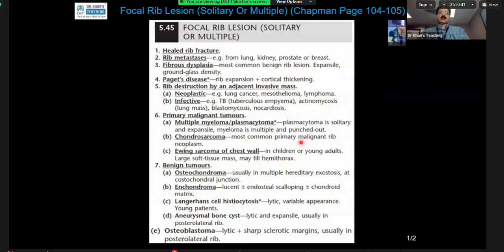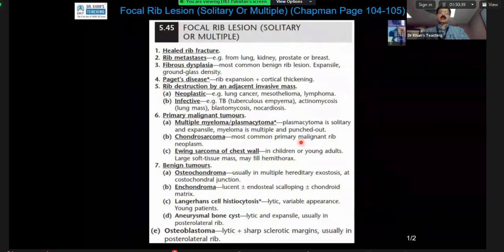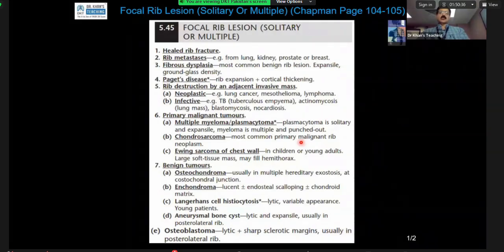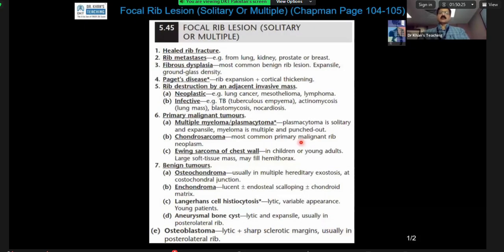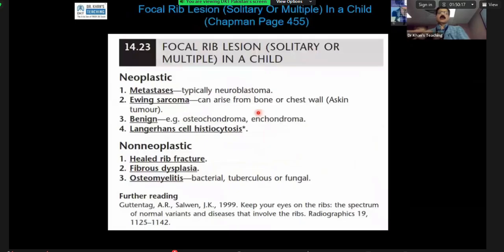Please also remember, even clinically, they go together, because Ewing's can present with infection-like symptoms, raised ESR, fever, etc. So in this particular case, the differential diagnosis is the key thing, and in this age group, this is a child, 15 years old.